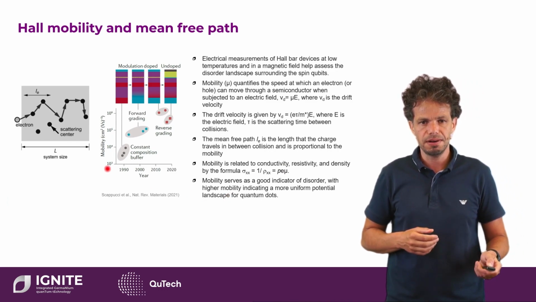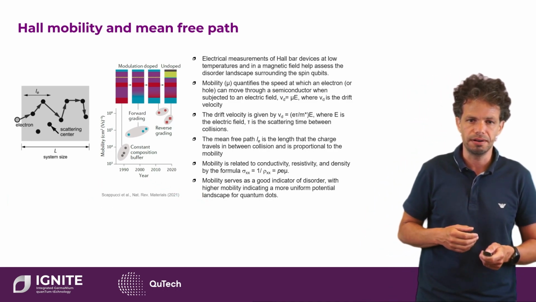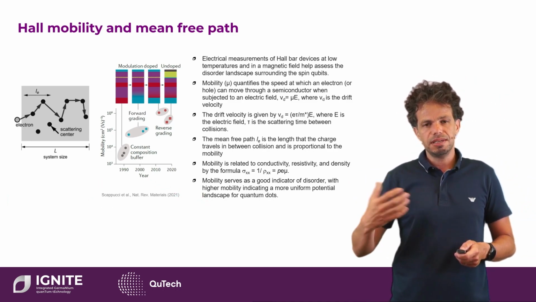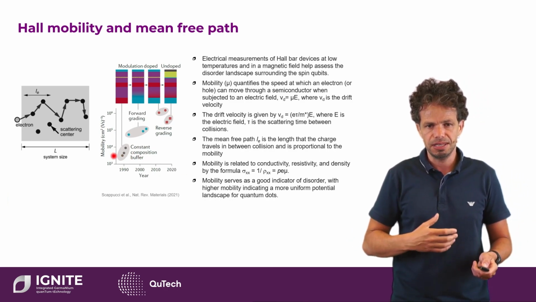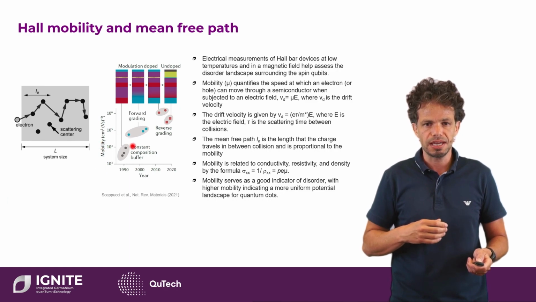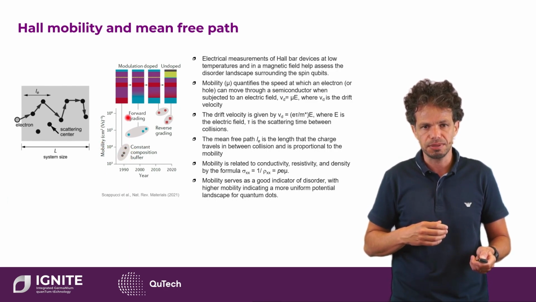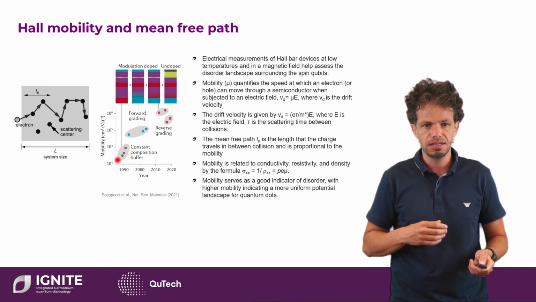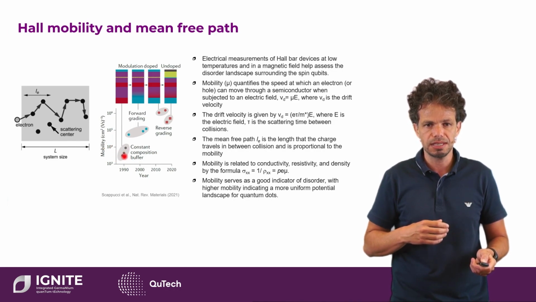In this picture here, which is taken from the review article I was mentioning earlier, you see how the material through the decades has been improved, and you see a correlation with the mobility. We were studying back in the 90s the first quantum wells with mobilities below 10,000.